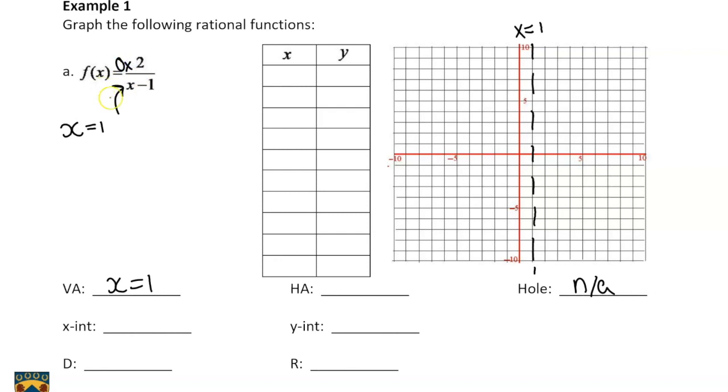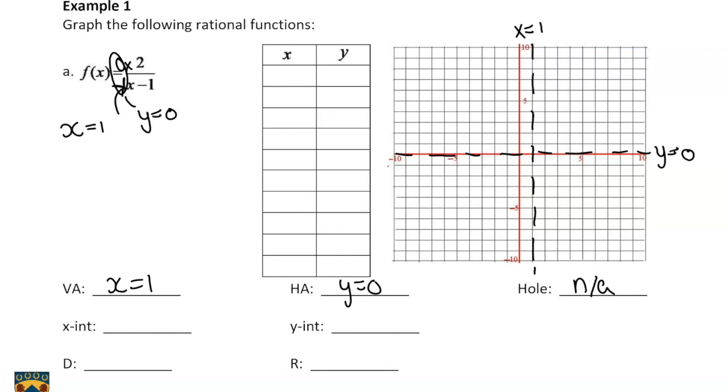We have 0 x's on top and 1 x on the bottom, and if we divide those leading coefficients, we get a horizontal asymptote at y equals 0. We can answer the x and y intercept, but let's hold off on that, and let's also hold off on the domain and range.